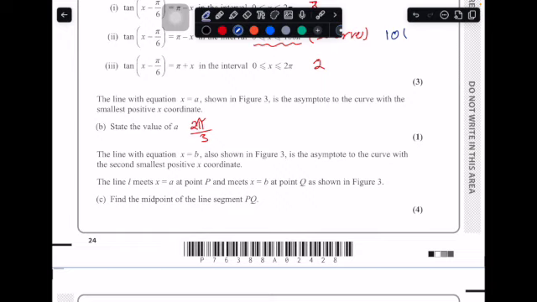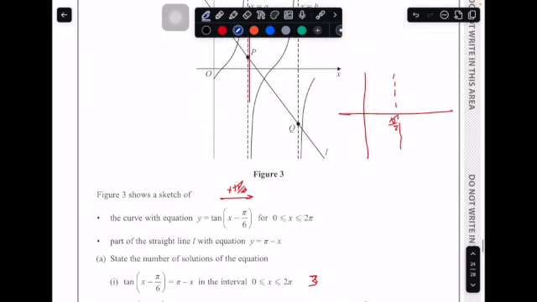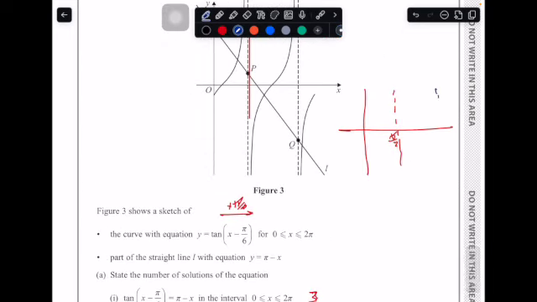That means we need to find first the x coordinate for the point Q, as we did before. The second normal asymptote used to be at 270, which is 3 pi over 2. Again, with 3 pi over 2, we are going to add pi over 6 because this is the translation in the x direction.